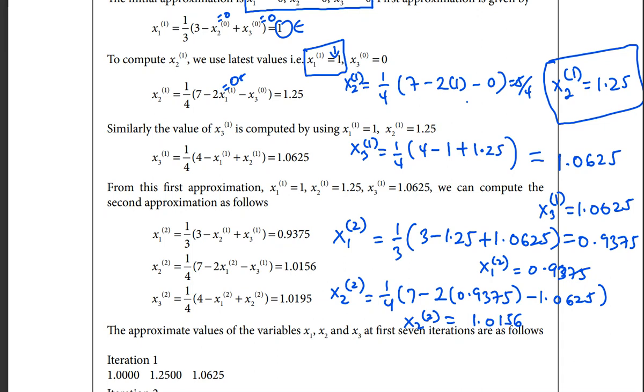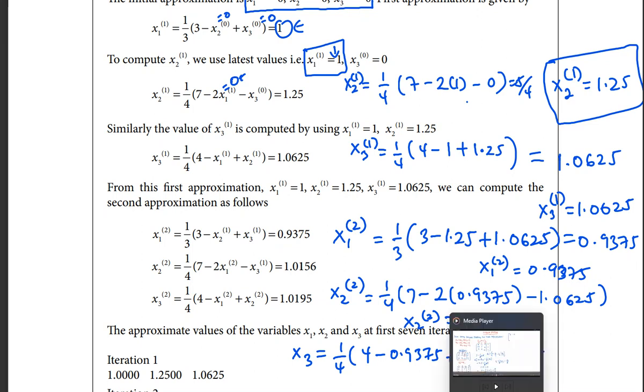Let's take note of this. Anywhere we see x2 now, that's the value you are going to use. So I'm going to have x3 equal to 1 over 4 multiplying 4 minus the second approximation of x1, which we have to be 0.9375, plus the second approximation of x2, which is 1.0156.